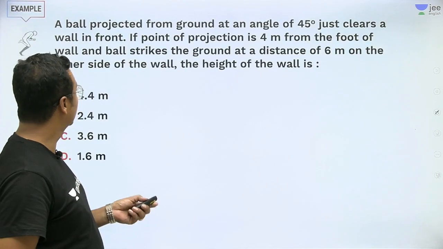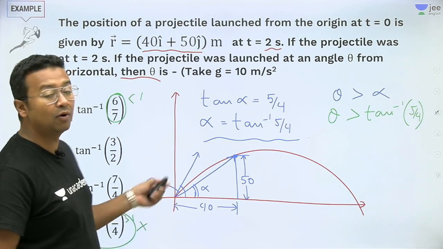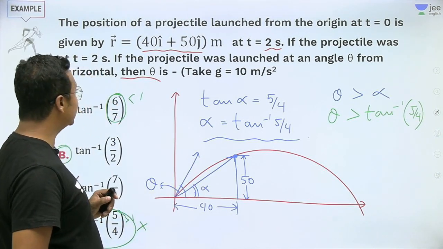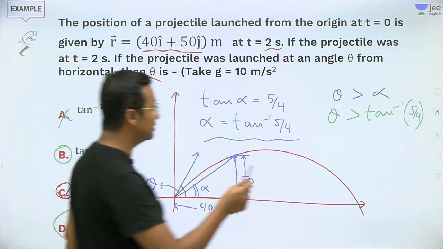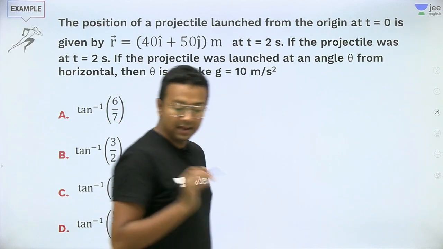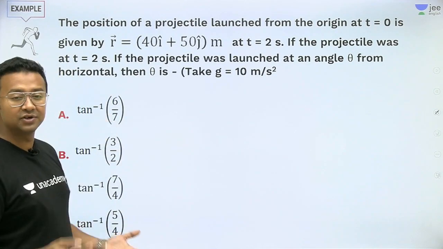Do we have some space out here? Otherwise I'll have to rub off this particular part as well. So anyways, let me clear off everything right now, and we'll discuss the entire thing once again. That is a longer version of it.